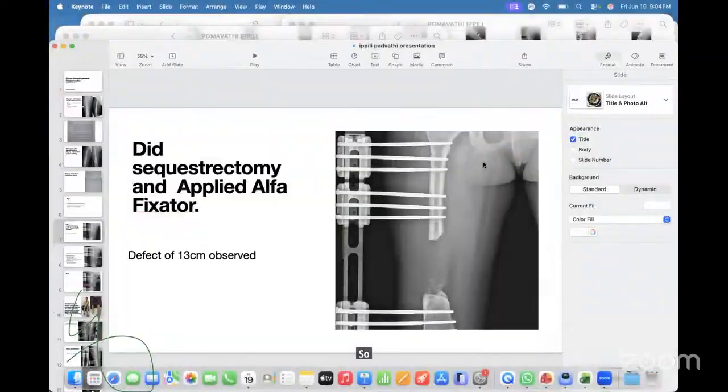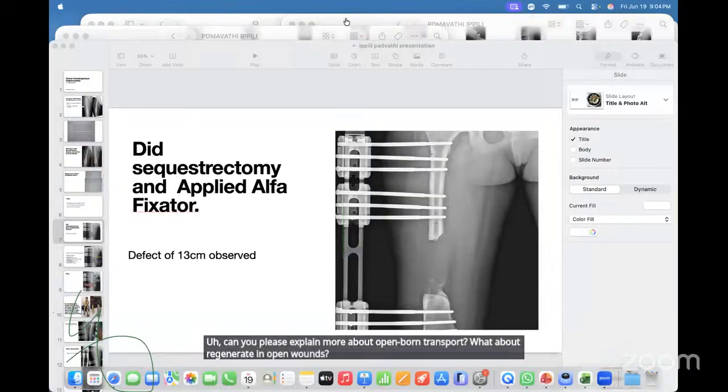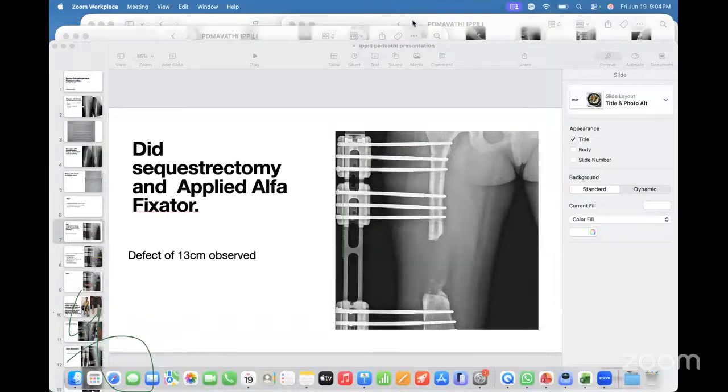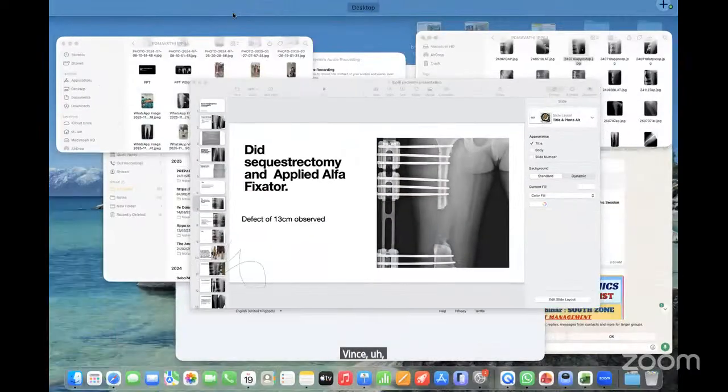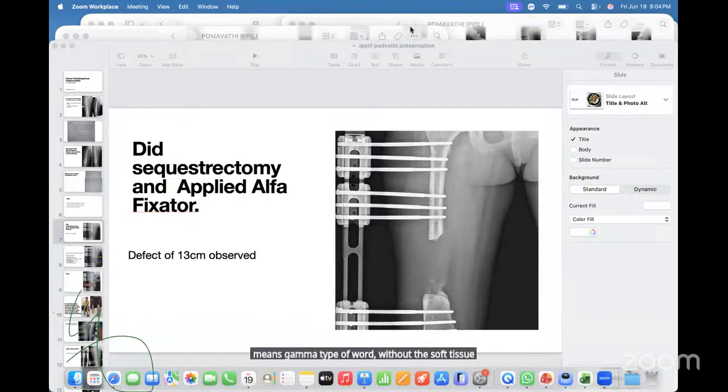So the first question is, can you please explain more about open bone transport? What about regenerate in open wounds? From Dr. Himanshu. I don't know what he means by open bone transport. Means, sir, a Gustilo type of wound without soft tissue coverage, we can directly apply the Ilizarov and do osteotomy and lengthening.